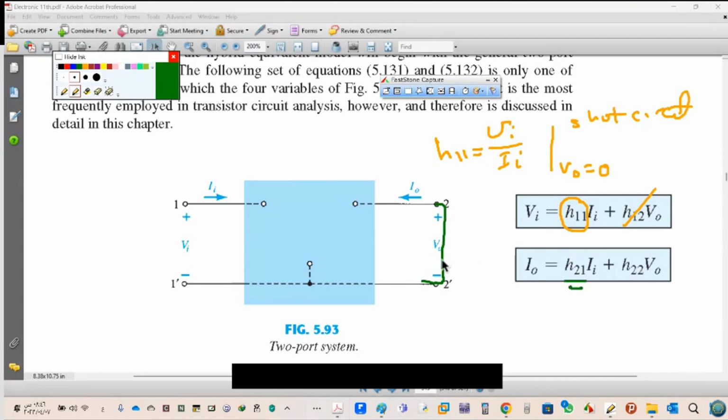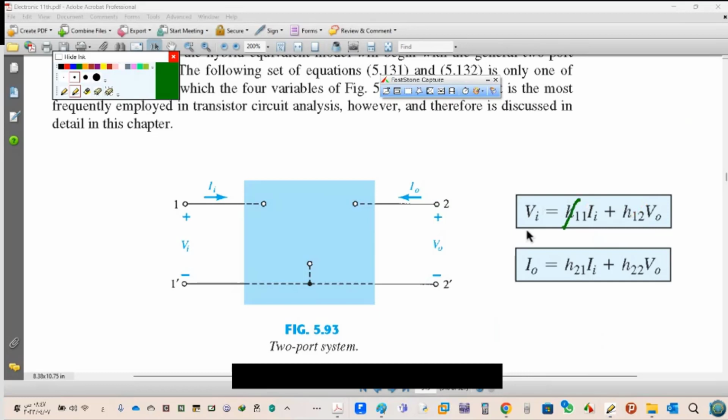And again, same thing for H21. I will make a short circuit so I can find H21. It is IO over II for short circuit, or when the VO is 0. Now another thing, I want to find H12.